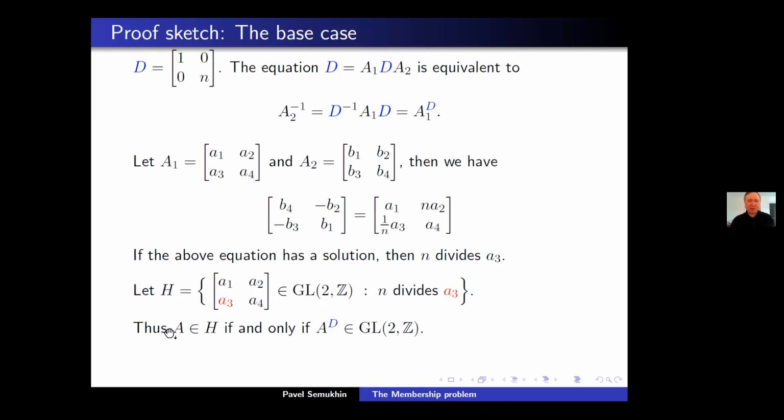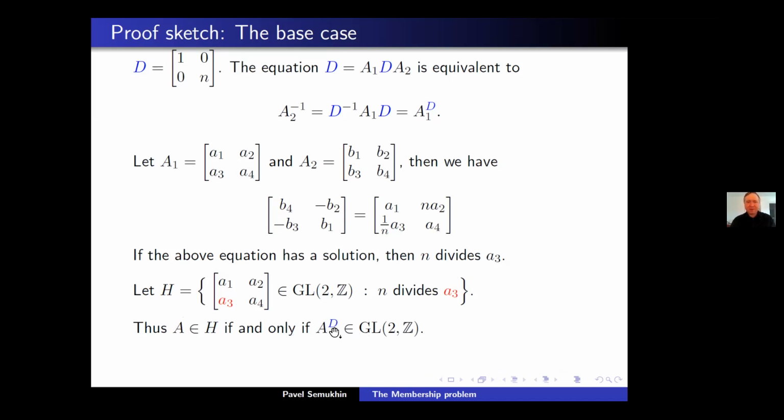So by definition, a matrix A belongs to this set H if and only if A conjugated with D has integer coefficients, or in other words, it belongs to GL2(Z). Note that A conjugated with D always has determinant plus or minus 1 if A has determinant plus or minus 1.